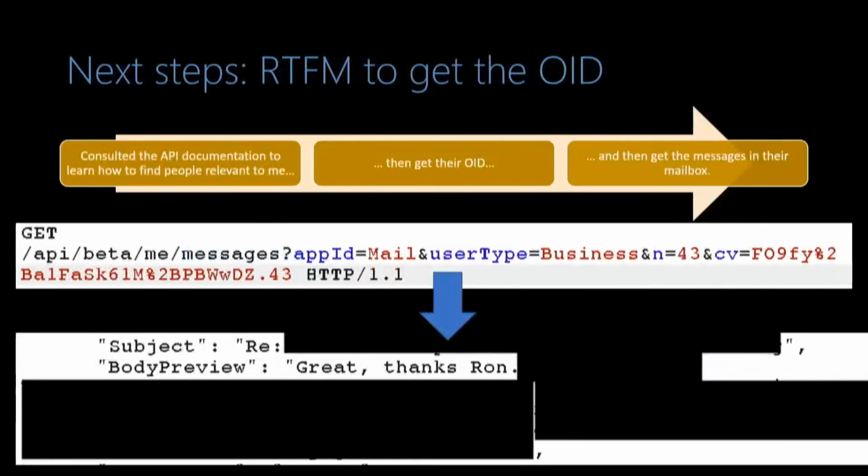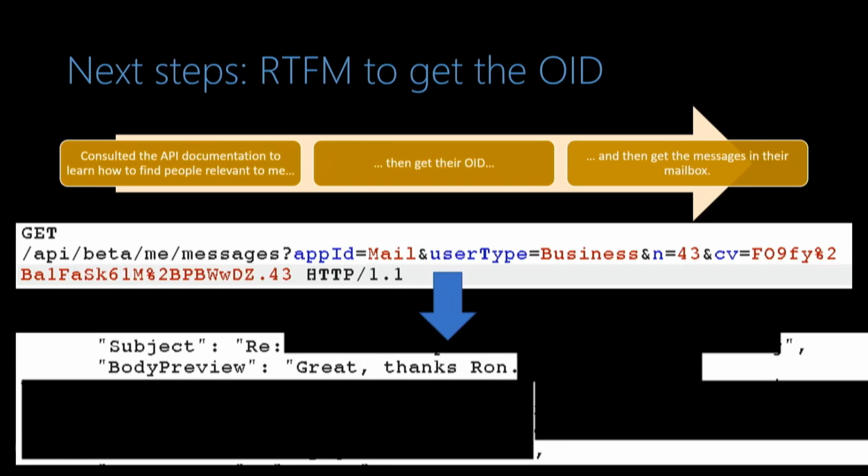I consulted the API documentation from Microsoft and asked, hey, is there a way for me to retrieve the OID of other people? It turns out there is an exact endpoint that you can query, and it will return their OID to you without any user interaction. So it means that now with this JWT, I can get other people's OID without their interaction.